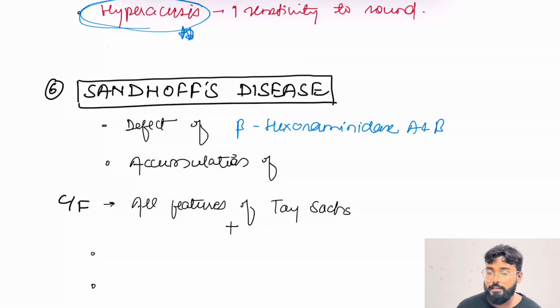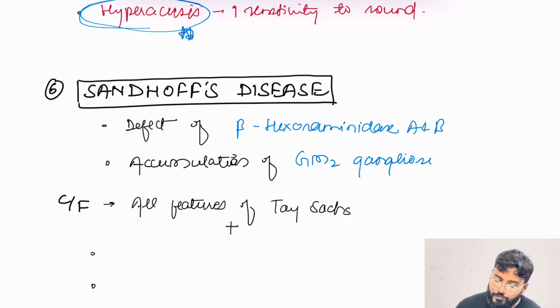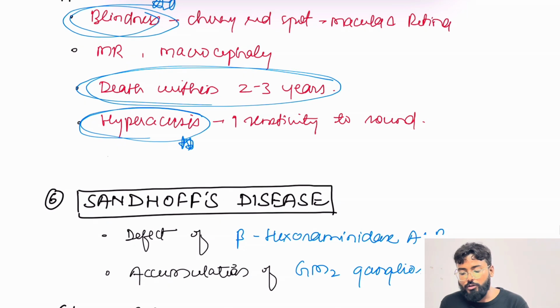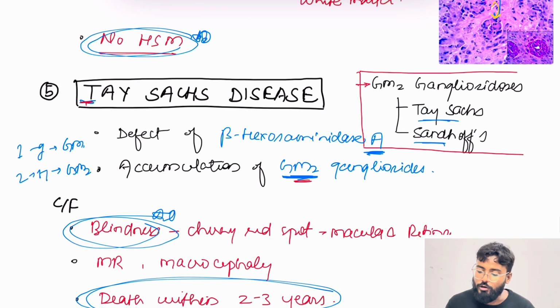Again, there will be accumulation of GM2 gangliosides, because beta hexosaminidase A is responsible for breakdown of GM2 gangliosides into GM3. So that's why these are called GM2 gangliosidosis. The examples of GM2 gangliosidosis are your Tay-Sachs and Sandhoff.